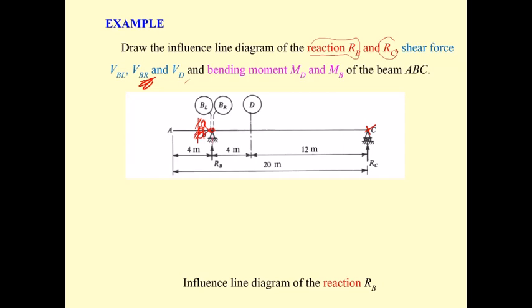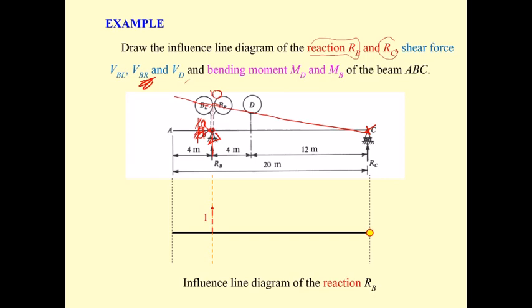Then we apply the R sub B to it, and this is going to move for 1.0 unit. When this moves, it's going to move the beam like this. Now you get the influence line. C is the same, B just changes. Apply the R sub B to move 1 unit, and it has the shape like this.